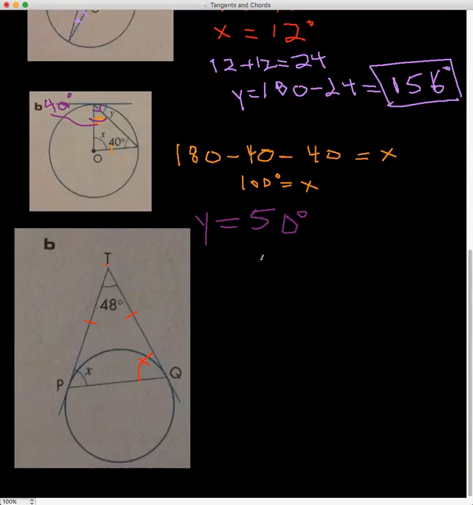The equation goes like this. The sum of these three angles should equal 180. So 180 should equal 48 plus x plus x. So those are x's. Okay, so I create a simple equation. And this is 48 plus 2x.